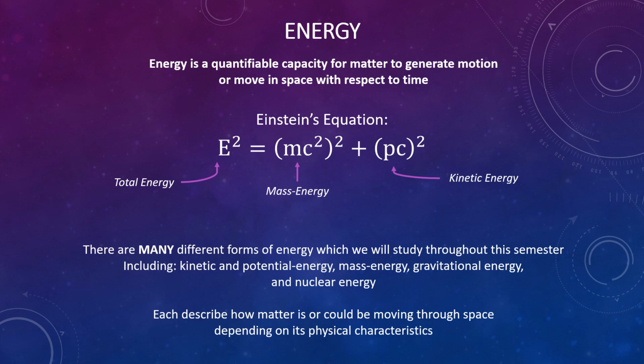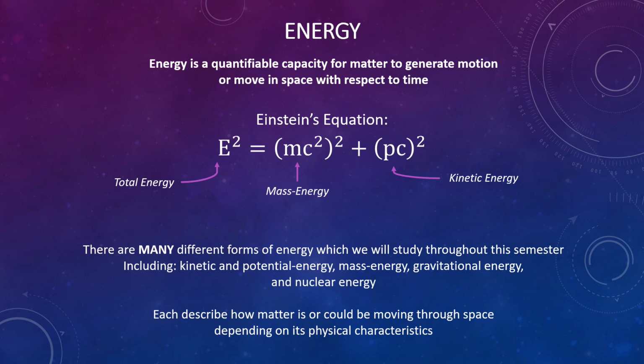So if matter is able to do something rather than just sit there, like if it is moving, or it's in a system with gravitational energy, it has some kind of energy to it, which will allow it to move. It will allow the system to change. And energy is what we refer to this quantity of being able to move or change in time.